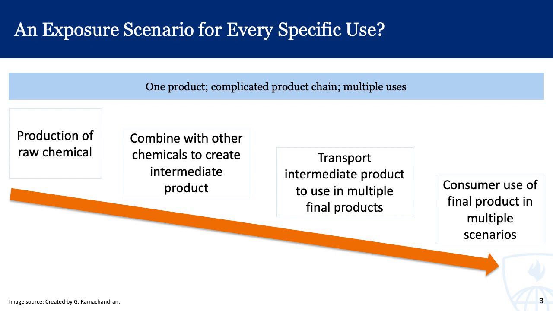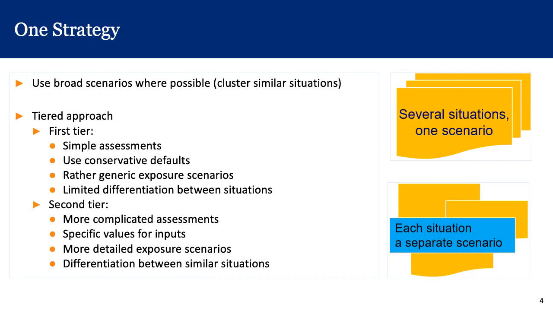And the same can be said for any kind of commercial product, whether it's plastics or whether it's automobiles or whether it's some kind of chemical. There is a chain of exposures right from production all the way through commercial consumer use and then eventually its disposal. So, how can we assess exposures for this broad application?